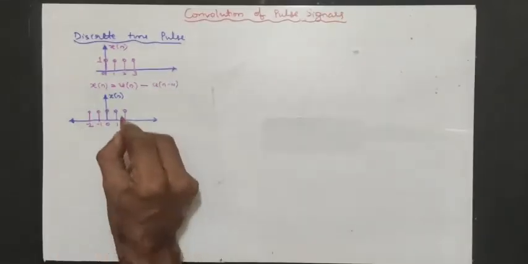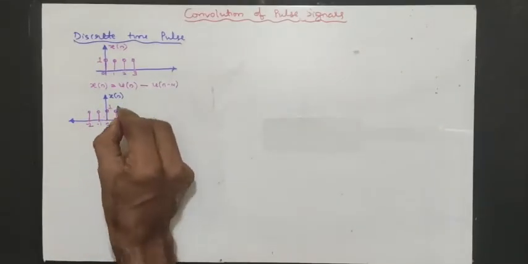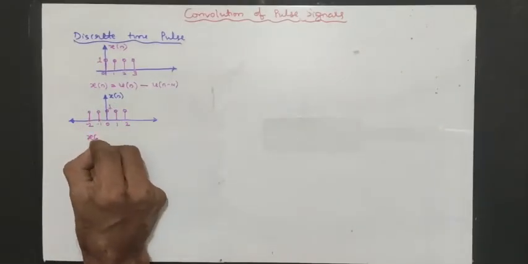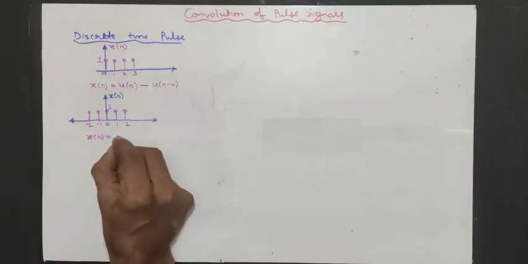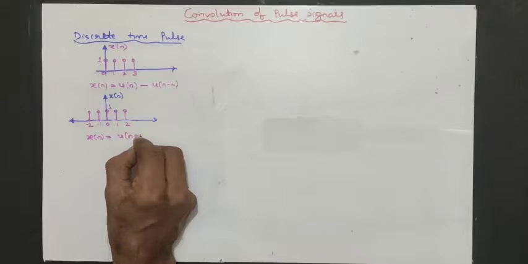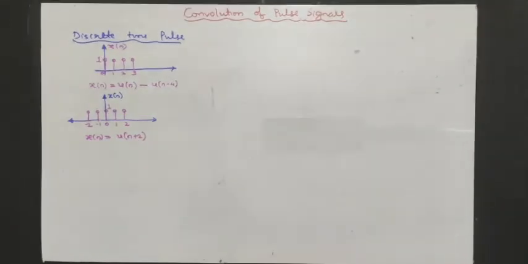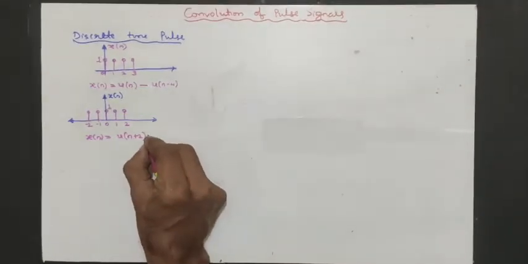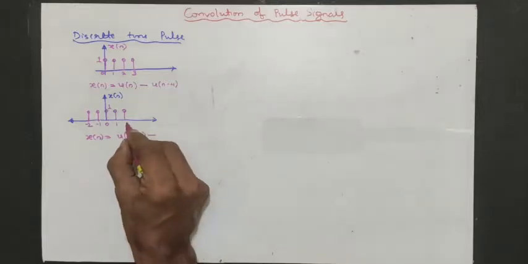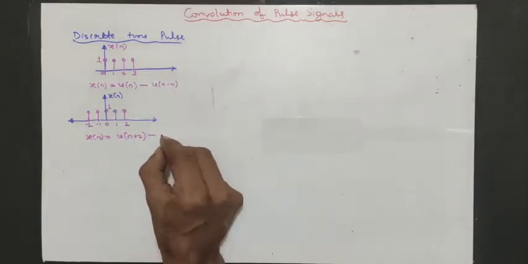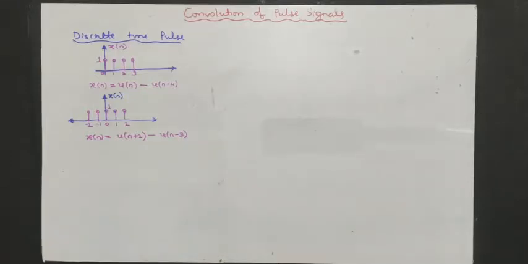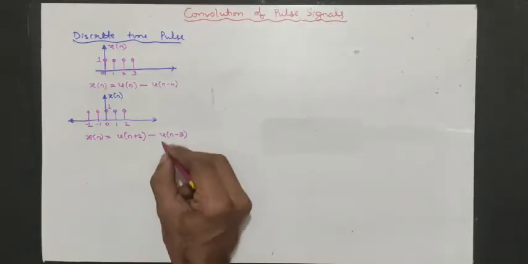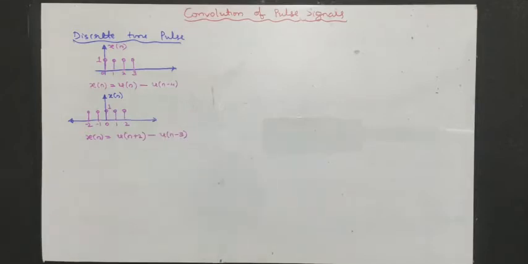The magnitude is 1. I have to write the equation for this x of n. How will I write it? The starting point is at minus 2, hence u of n plus 2. Minus, where is it ending? It is ending at 2. It becomes u of n minus 3. This is how you can write the equation for discrete pulses.